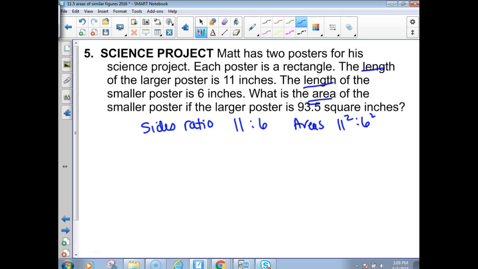We're trying to find the area of the smaller poster. So I'm going to say 11 squared to 6 squared equals, that's the area of the smaller poster, if the larger poster is 93.5. So where's the 93.5 go?